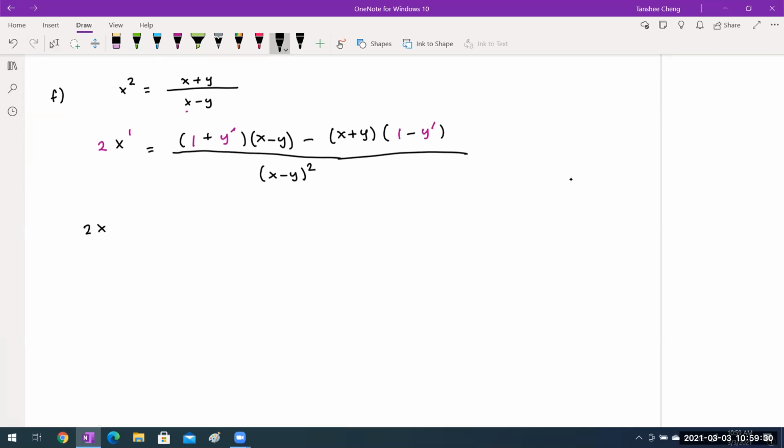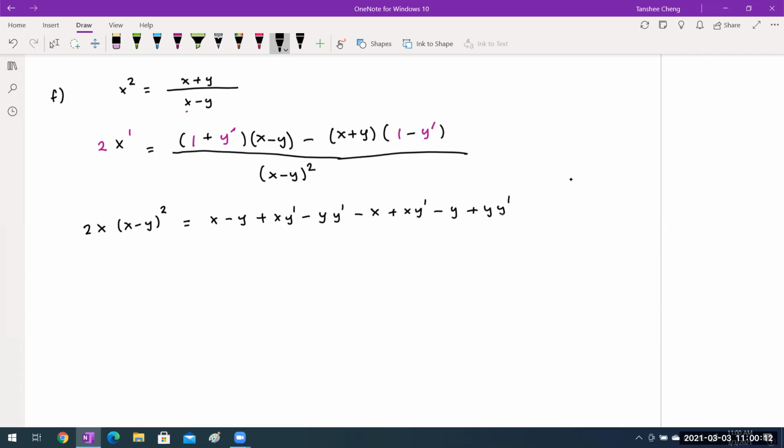So multiply both sides by the LCD, get rid of the denominator, and then I'm going to be distributing it, this x minus y, or foiling it, whatever you want to call it, to that. So it'll be x minus y, and then plus xy prime minus y prime, right? Minus x times 1 is x, and then x times negative y, and the negative will be plus xy prime. And then the second terms, that will be negative y, and then positive y prime. That's what we get.